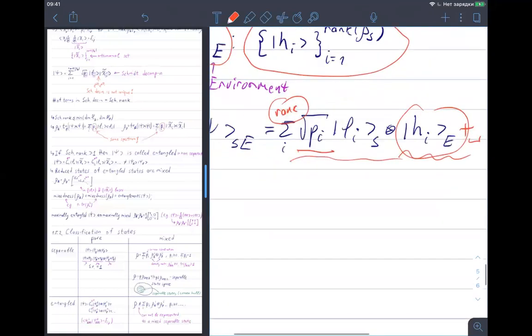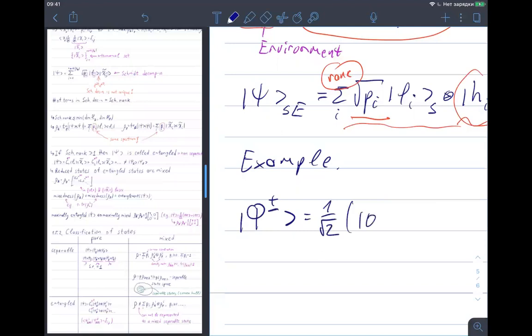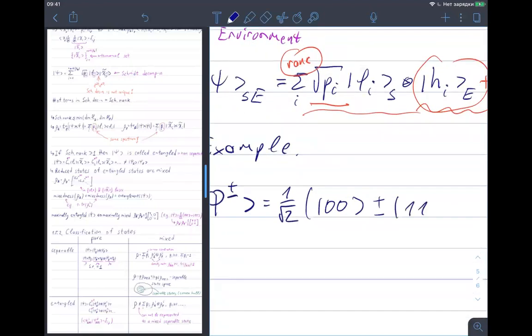So let us maybe consider an example. Again, some general example. Consider our maximally entangled states. There is a number of standard maximally entangled states. It's the 2-qubit case, yes.